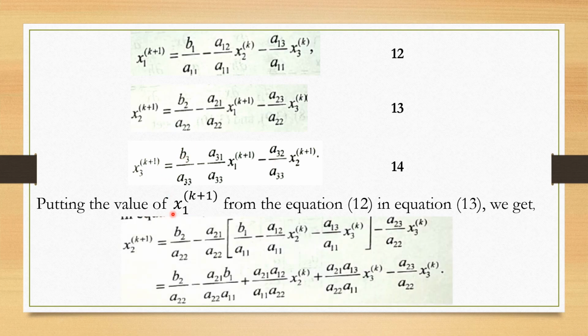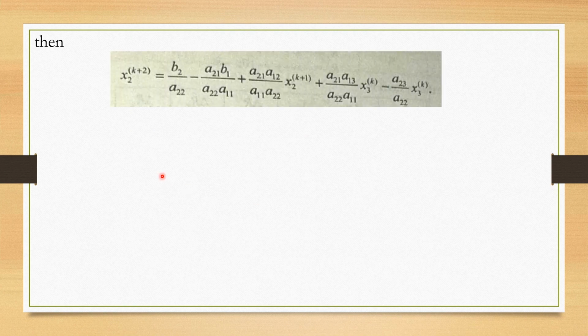If we replace the value of x1^(k+1), if we put this value here, we obtain this relation, and simplifying we obtain this. This whole equation is in terms of k. And similarly, x2^(k+2) will be in terms of x^(k+1).